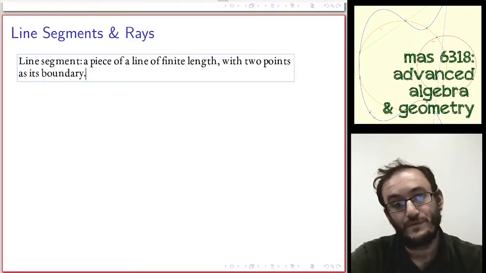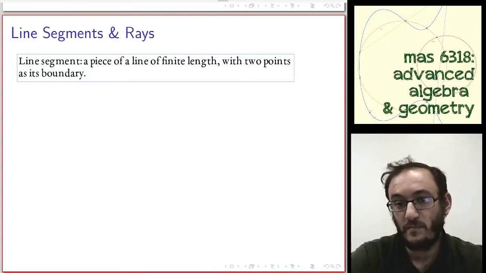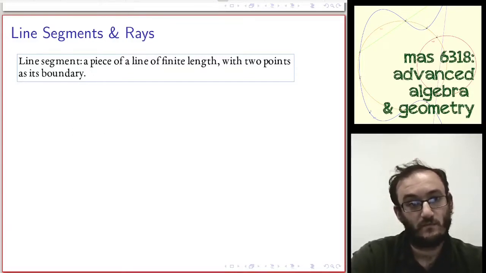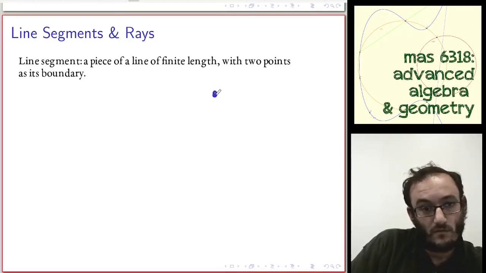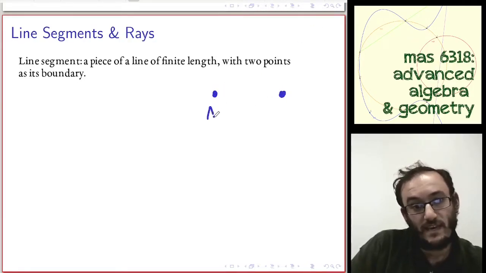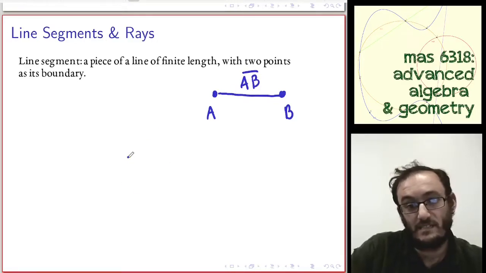So you're describing basically all points on the line between A and B. If you have points A and B, then the line connecting them will be denoted by AB, and this is a line segment.